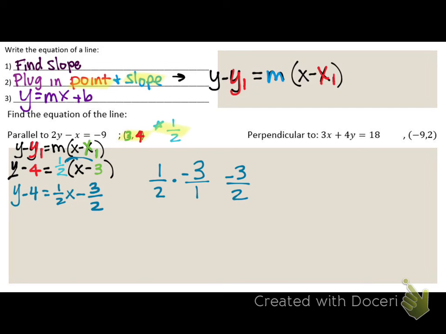And then my last step, add 4. So in order to add them, so we're trying to add these two, we have a fraction and a whole number. What does the whole number need to be over? It needs to be over 2, and it's over 1 right now. So what am I going to do to this fraction?